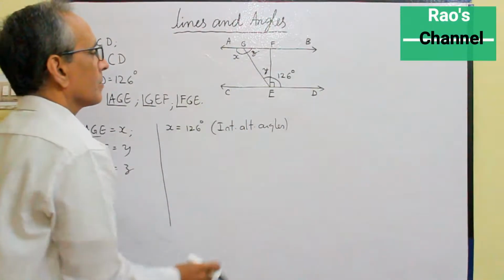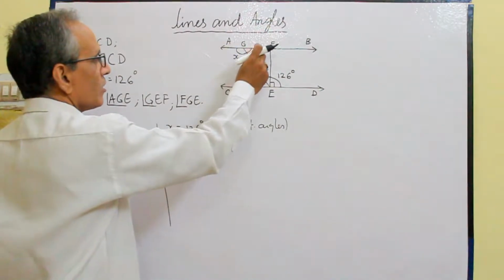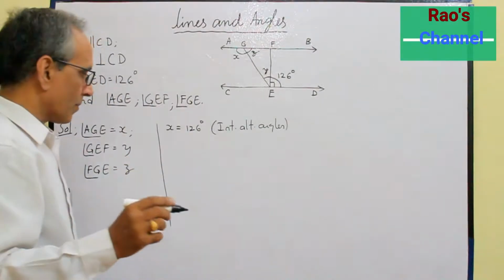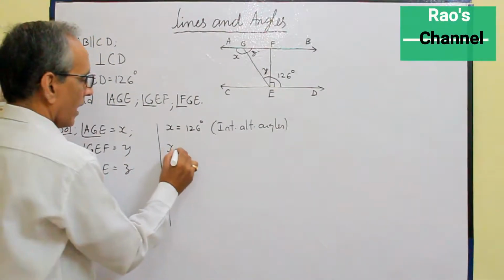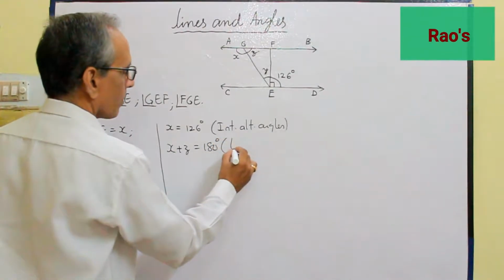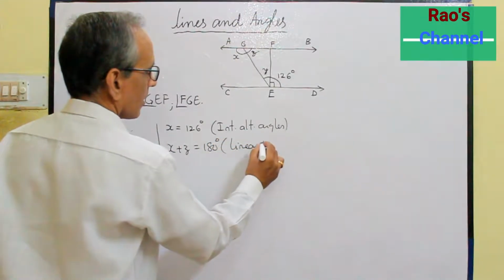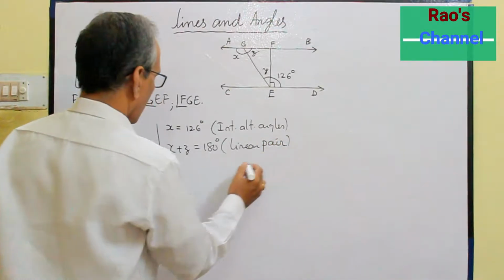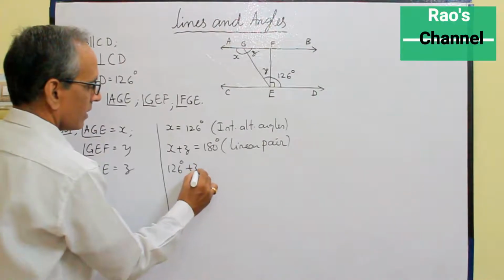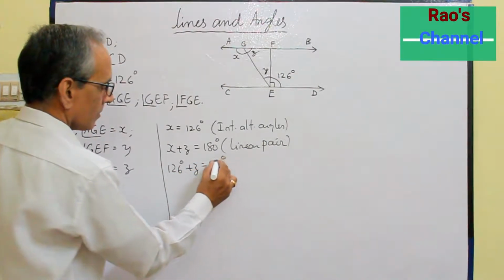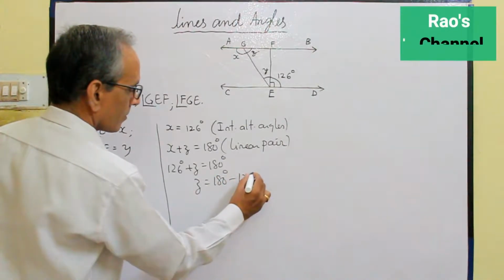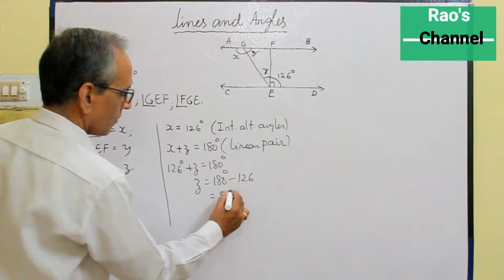We got 1. Now, can you reach Y and Z? Yes, X and Z together form a linear pair. So I write next, X plus Z is equal to 180 degrees because of the linear pair, and X we already got as 126, plus Z is equal to 180 degrees, then Z is equal to 180 minus 126, that is 54 degrees.